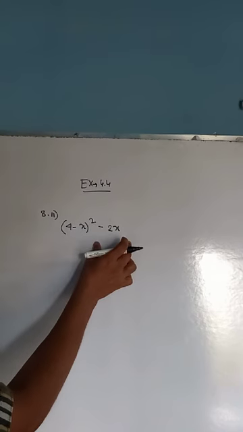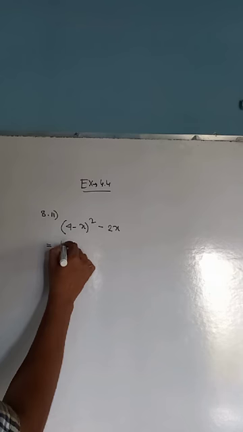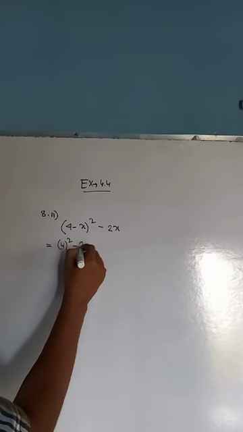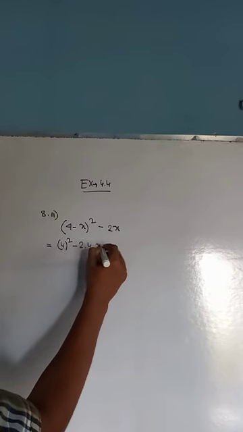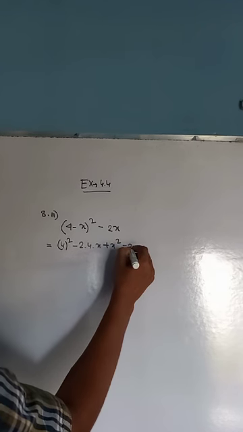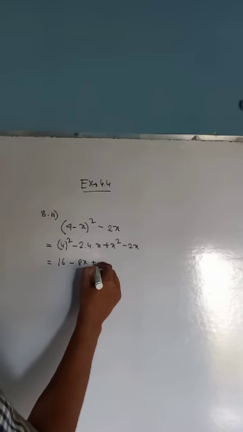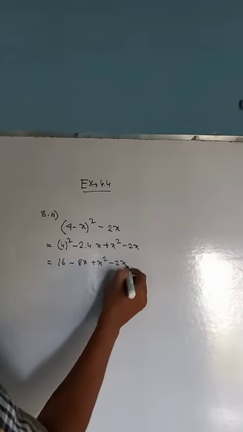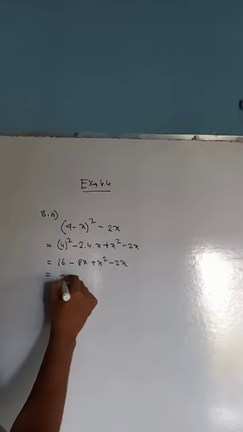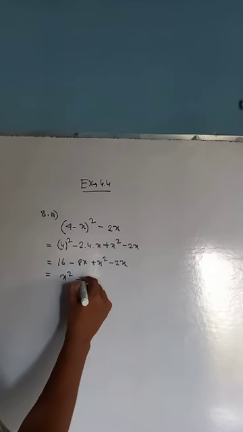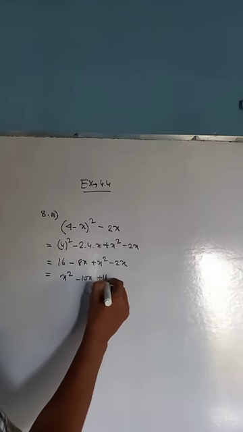See, this is not the whole square formula. It is a square minus 2ab plus b square minus 2x. There is 16 minus 8x plus x square minus 2x. After rearranging, x square minus 10x plus 16.